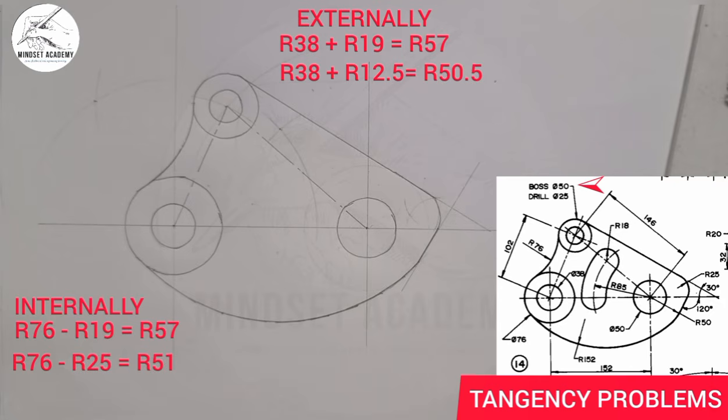Now the next one is, if you look at this, there's kind of an opening at this point here, and the radius of that at the center line here is given to be what? 85. So if I divide 85 by 2, right, I'll be having 42.5.